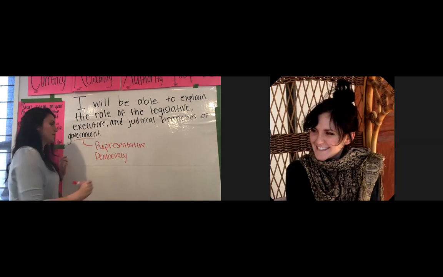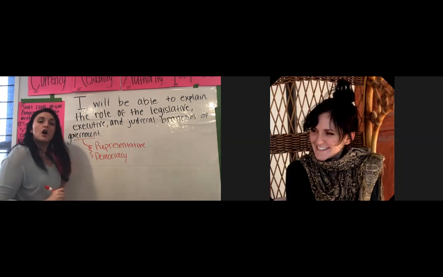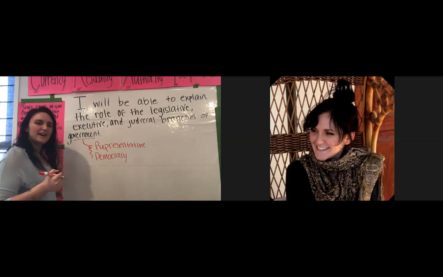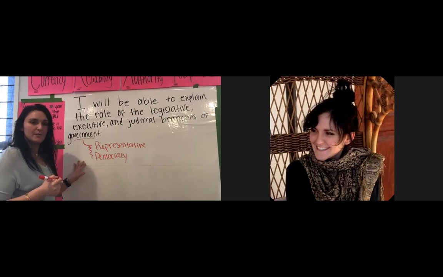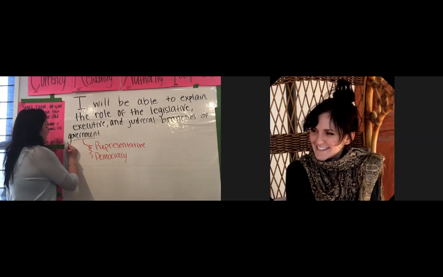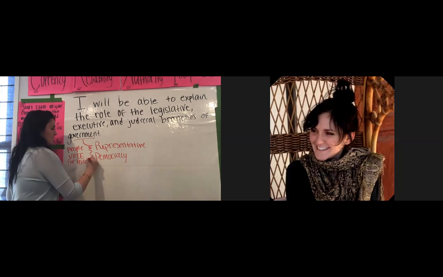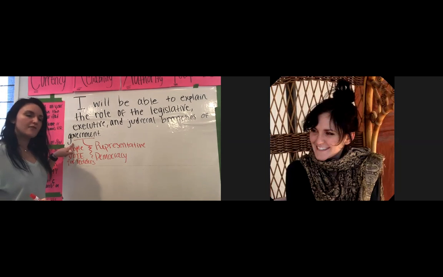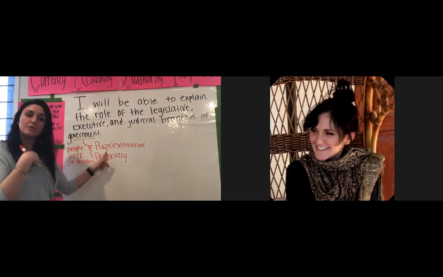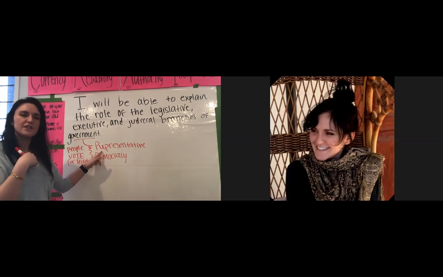That's our form of government. We know from the different games that we played, the different lessons that we've done, in a representative democracy, the people get to vote. The people vote for leaders.